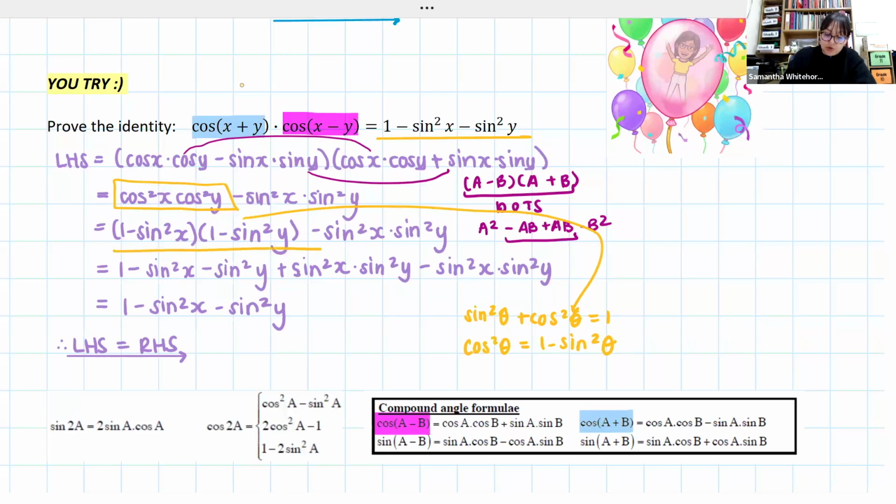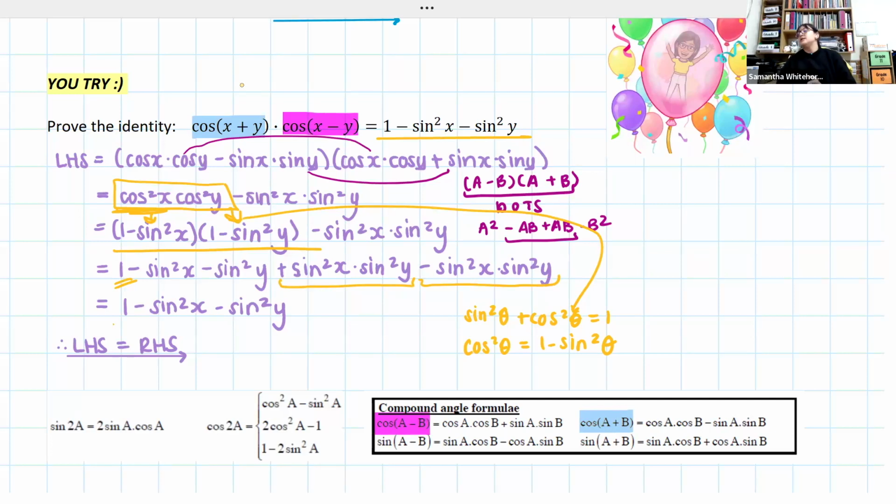And so you could essentially take cos²x and make it 1 - sin²x, and cos²y, 1 - sin²y. So it's back to that square identity that you learned in grade 10. And then once you distribute that bracket again, you're left with the 1 that you want. You've got some like terms that are going to cancel each other out, and you're left with exactly what you wanted on the right-hand side.